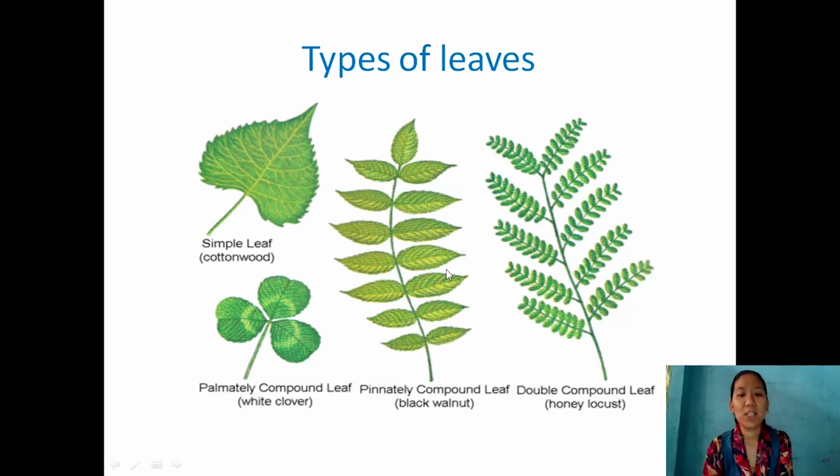Such a type of leaf is called a compound leaf. In the compound leaf, you find so many leaflets, and the axis of this is the midrib, called the rachis. You do not find any axillary bud here. So if you don't find any axillary bud here, it is a compound leaf, and these are the leaflets.